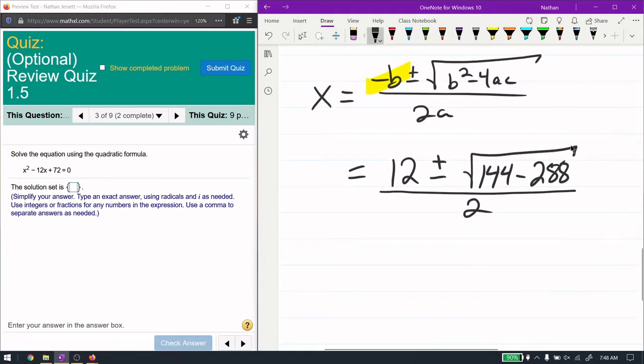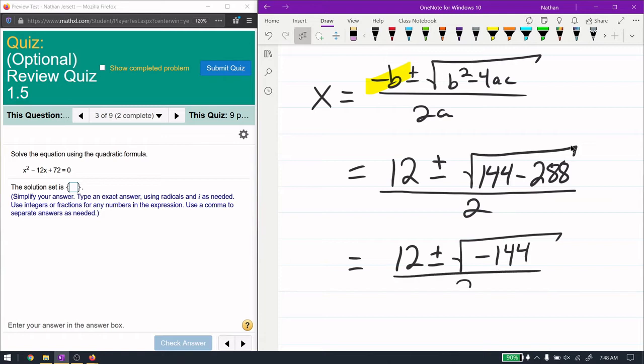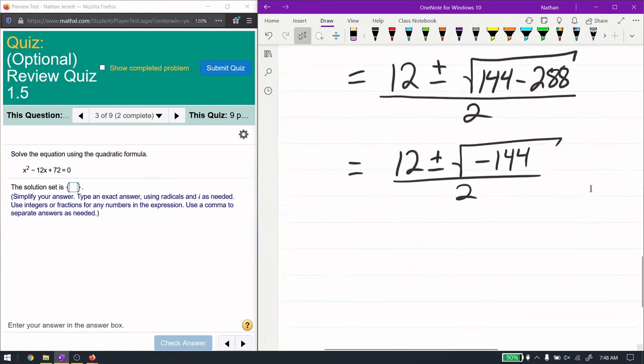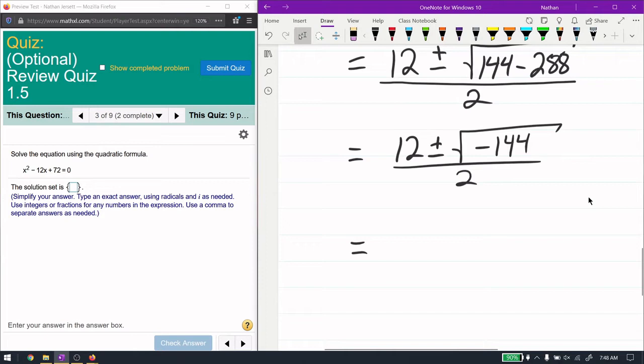Now I can simplify this statement down. 12 plus or minus the square root of 144 minus 288. That is -144, over 2. We have a negative underneath of a radical, which means we need to take it out as an i. We'll just take the negative on the outside as an i.